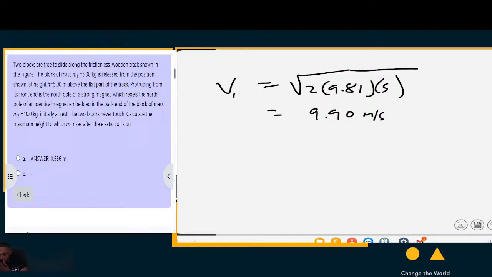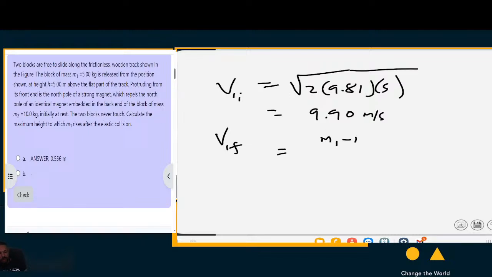And now we need to find the speed of M1 just after the collision. This is the speed of 1 initial before the collision, and this one, 1 final, is after the collision.